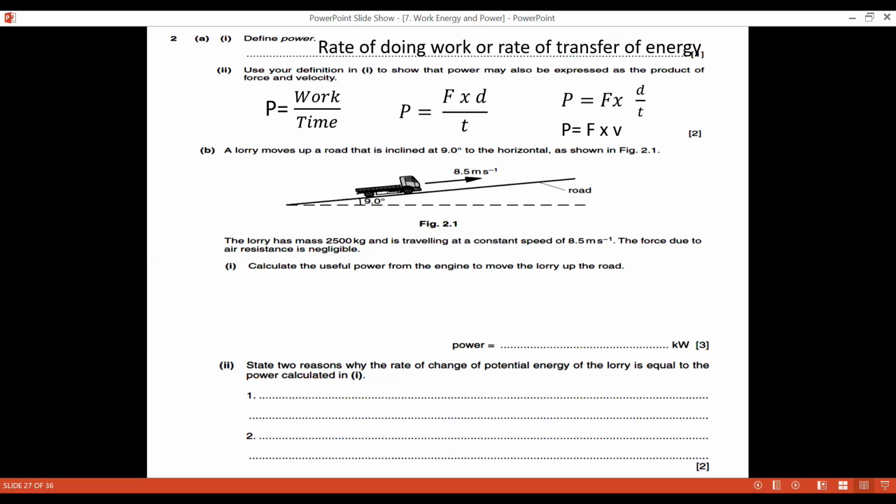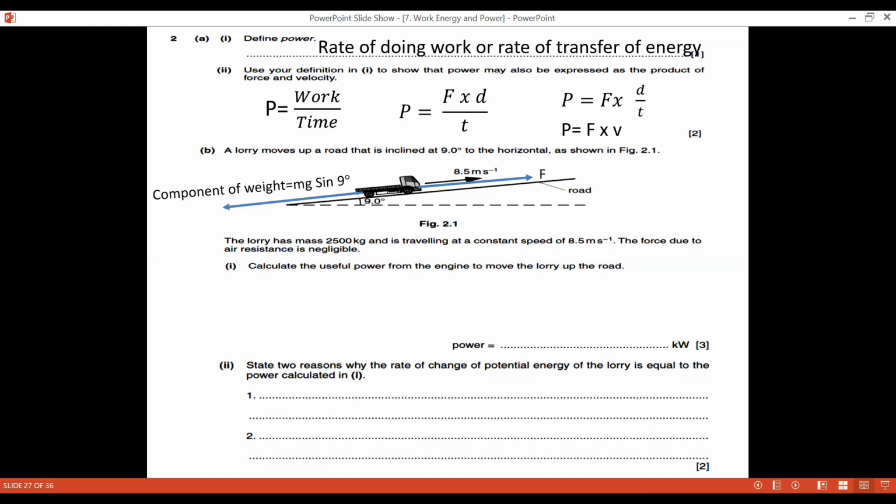They say that we have a trolley and it is moving with a constant speed. The force due to air resistance is negligible. It is moving on an inclined plane of 9 degrees. How much power is required? F into v. But what should be the force? In this case, it has a backward force equal to the component of the weight.